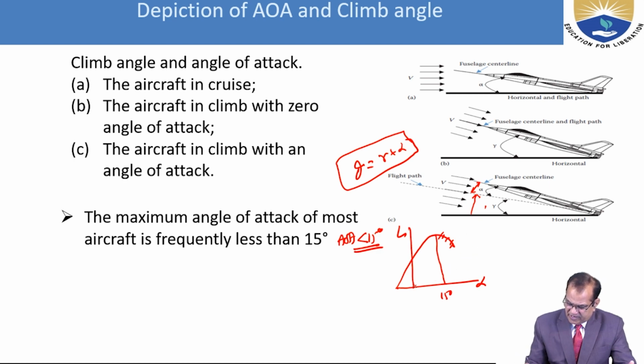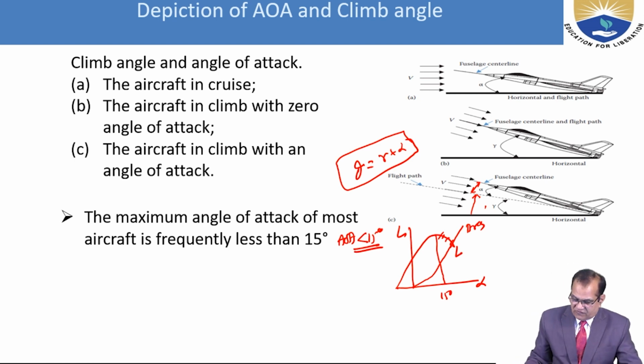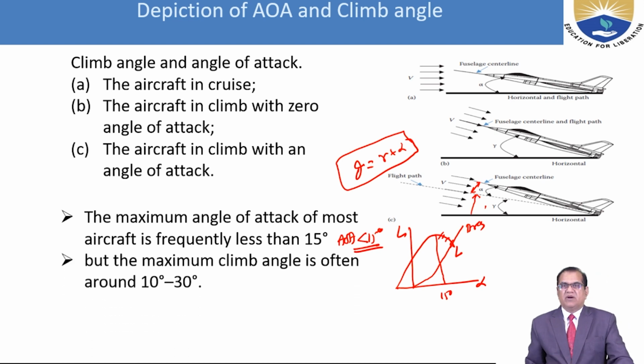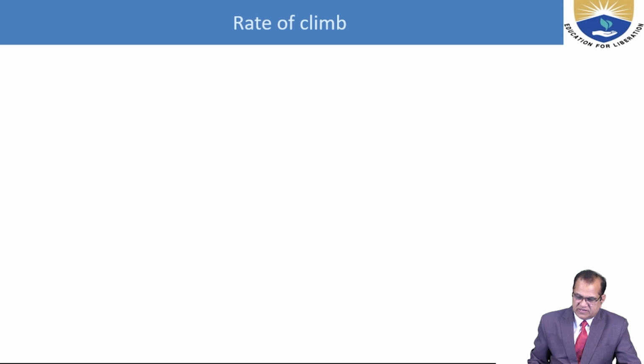This is the drag and this is the lift. So we have to make sure that we should not fly beyond this angle of attack. But the maximum climb angle is often 10 to 30 degrees. Climb angle is always much more than the angle of attack.